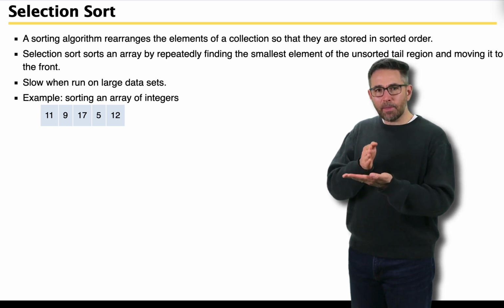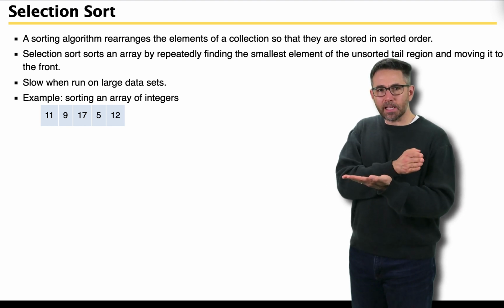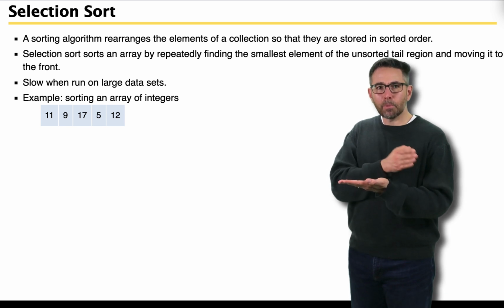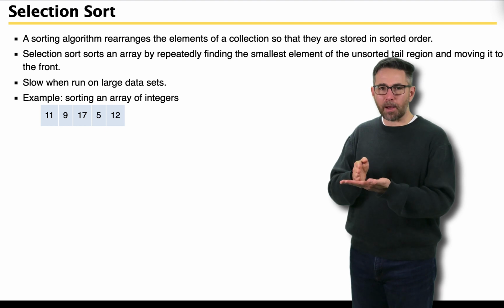And so each time that you go through this process of looking through the tail for the smallest element and putting it at the beginning of the tail, you know that you found the smallest element from everything that has been sorted so far. So the effect of this is: find the smallest element, put it at the beginning. Find the second smallest element, put it at the second spot. Find the third smallest element, put it at the third spot.